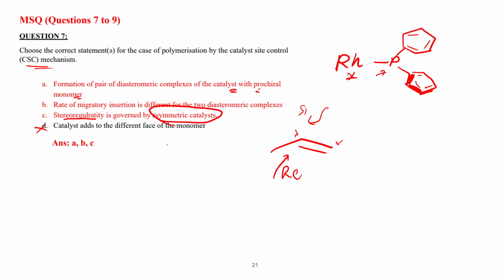So at first, this particular metal will interact with your olefin, forming a complex. Here you have that pyramid. Means what?